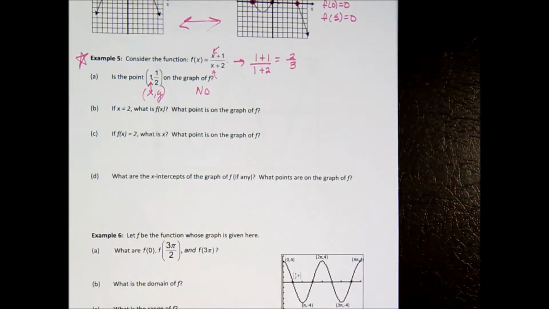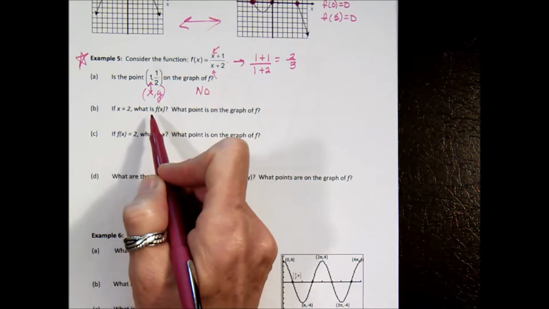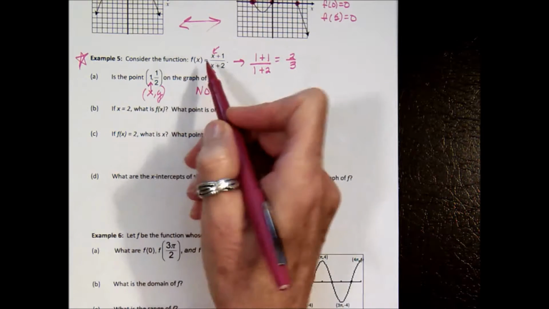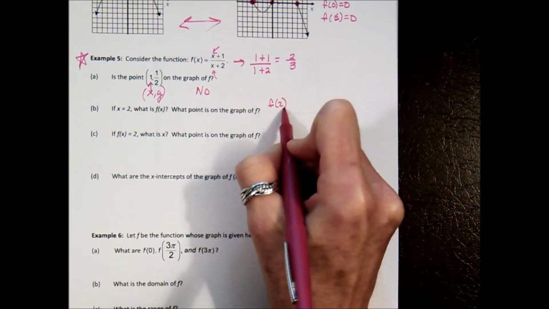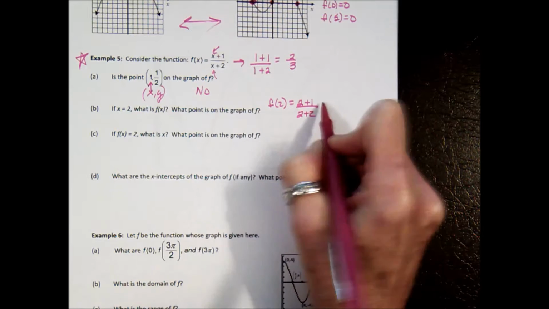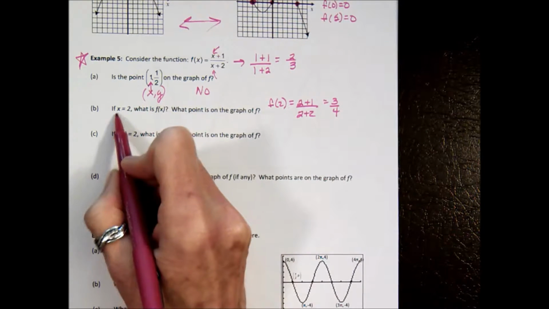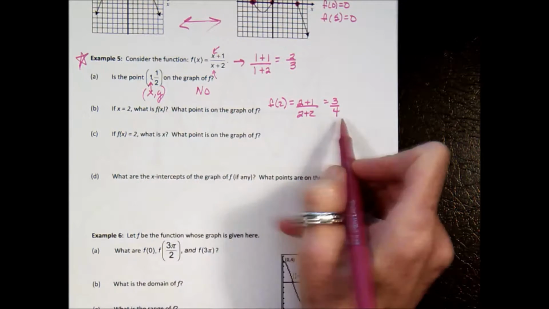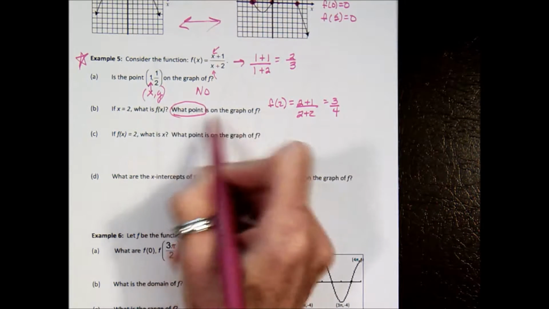Let's look at part B. If x is 2, what is f of x? Now that's a pretty easy one to do. So we're going to put a 2 in. We want to know what is f of 2. That would be 2 plus 1 over 2 plus 2, or 3/4. So when x is 2, f of x is 3/4, but then it continues, what point is on the graph of f?